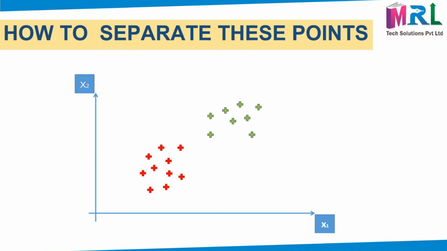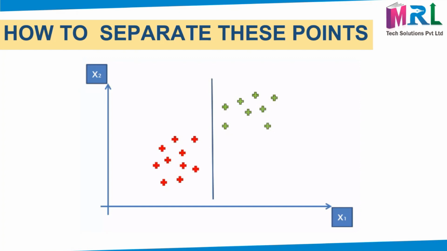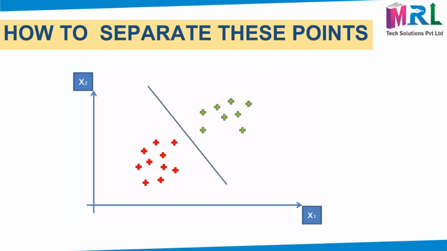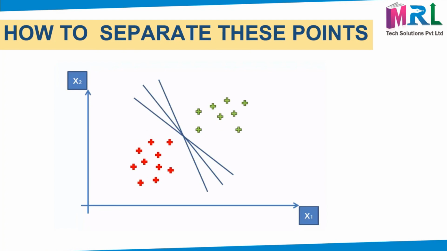So in decision tree, we are using splitting, horizontal and vertical lines we have used. But in this SVM, we may use any kind of split. It may be like this, or it may be like this, horizontal, or it may be diagonal, a diagonal of any slope. Any form of split, if you want to make in a data set, then we can use the support vector machine algorithm.